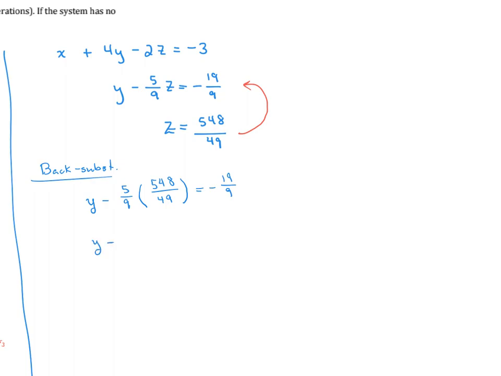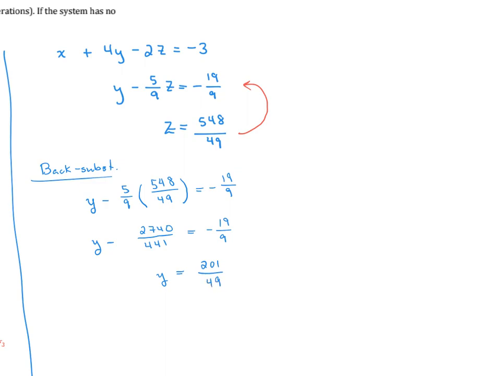We obtain y minus 2,740 over 441 equals negative 19/9. Let's add that quantity to both sides. That negative 2740 over 441 will get undone. And so that means y equals 201 over 49.